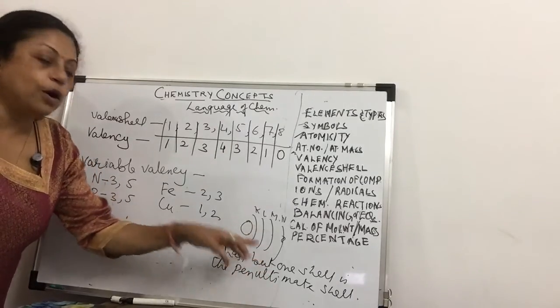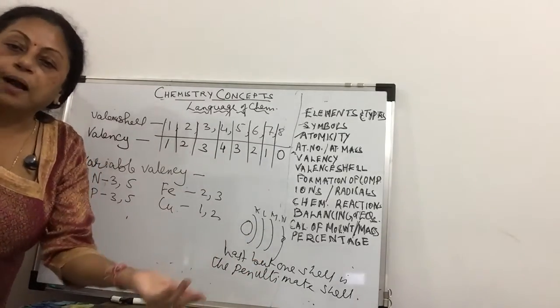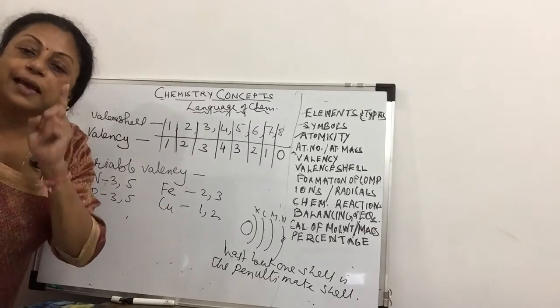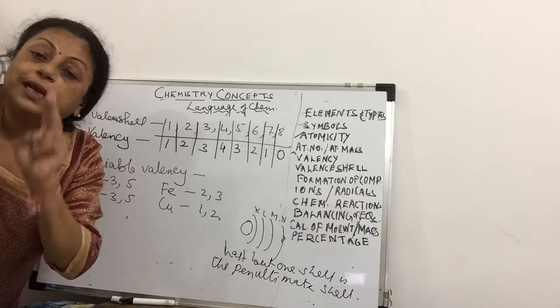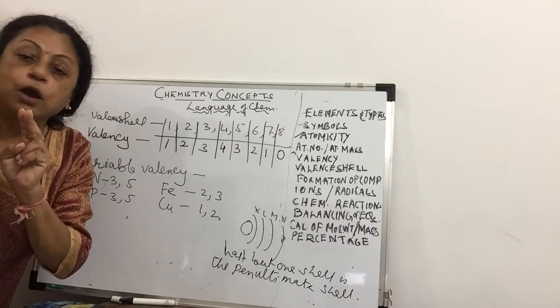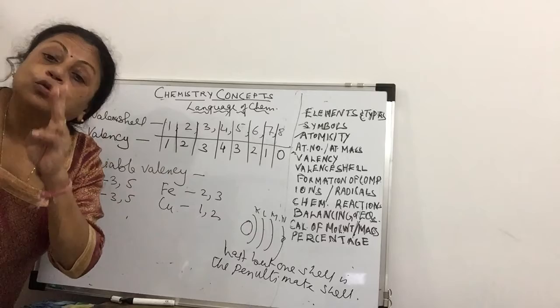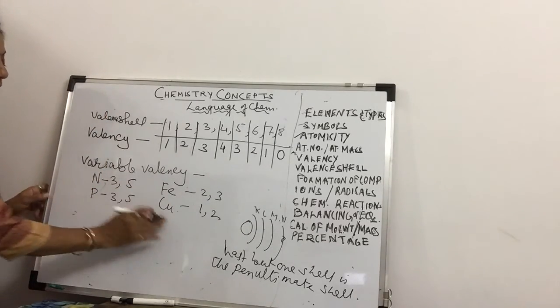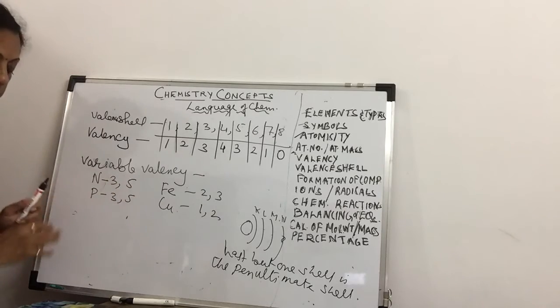It may give 1 or 2 electrons, and then that element gets 2 electrons, so it gets 2 valency. That is variable valency. So variable valencies you get in this manner.